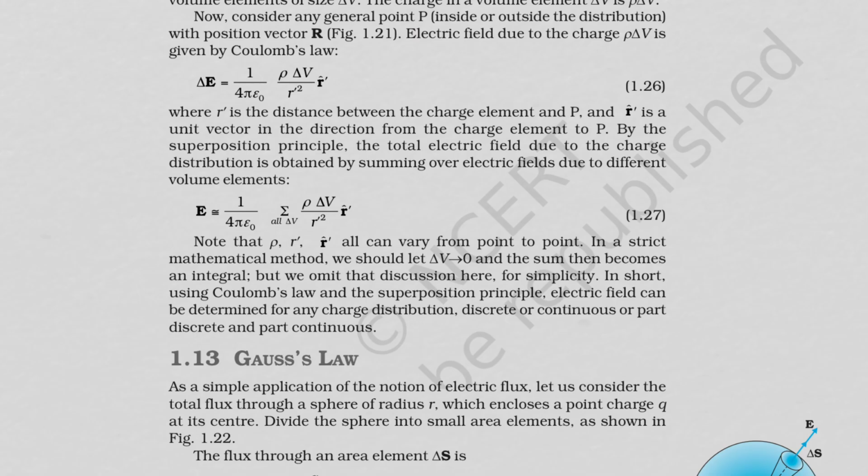What I'm trying to say is that r dash and the vector element of r dash, the direction element, all will vary point to point for mathematical calculations.